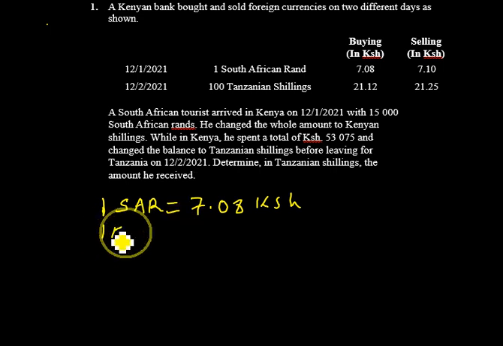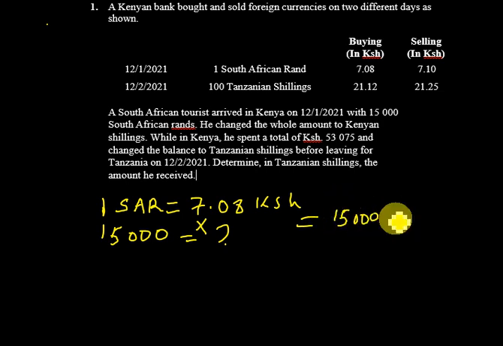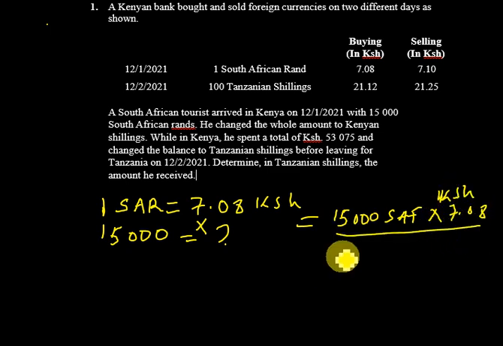So what about 15,000? We cross multiply. So we'll have 15,000 South African rand multiplied by 7.08. Remember, this one is Kenyan shillings. Then divided by 1 South African rand.